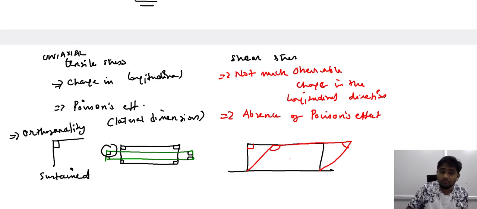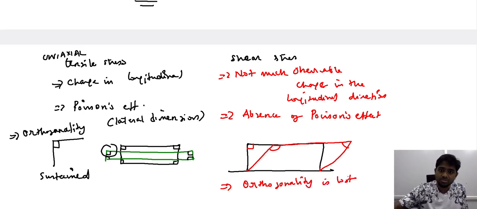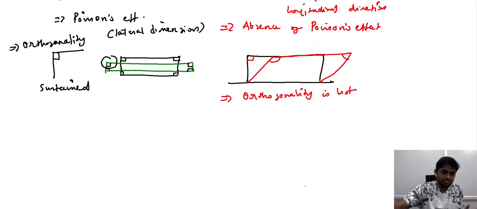So one of the other characteristic features, apart from no observable longitudinal change in the dimension and no perceivable Poisson's effect, is the orthogonality between the sides. The orthogonality is completely lost when we impose a shear stress or a shear strain as opposed to the compressive or the tensile loading.